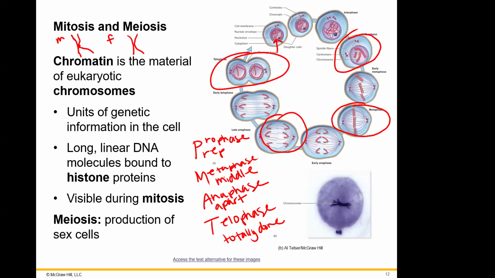When you're going through mitosis, these are going to become, for the mother, an X, and for the father, an X, right? Because we're doubling them, so that whenever we pull them apart, we have new cells that have the correct number of chromosomes like we just started out with in our original cell.